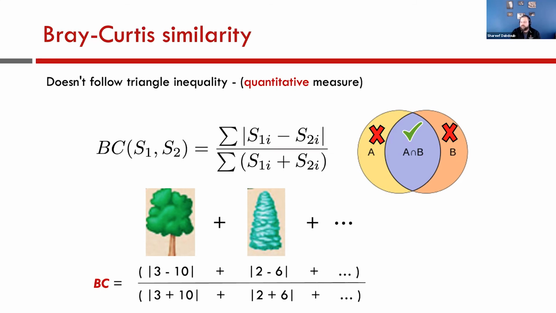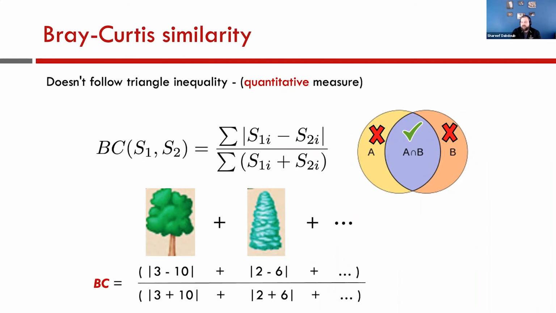The original measure listed here is a measure of similarity. So if you want a dissimilarity for use in beta diversity, then you have to subtract it from 1, so 1 minus the BC metric. The Bray-Curtis dissimilarity is always between 0 and 1, where 0 indicates that two sites have zero dissimilarity.